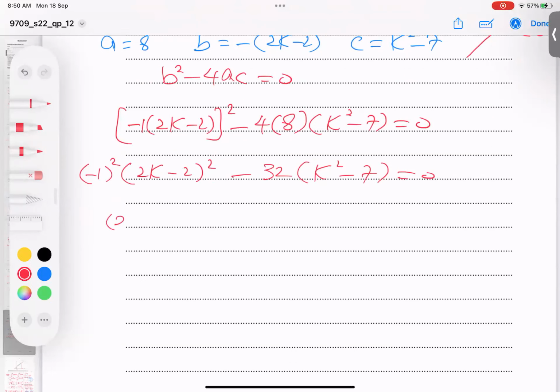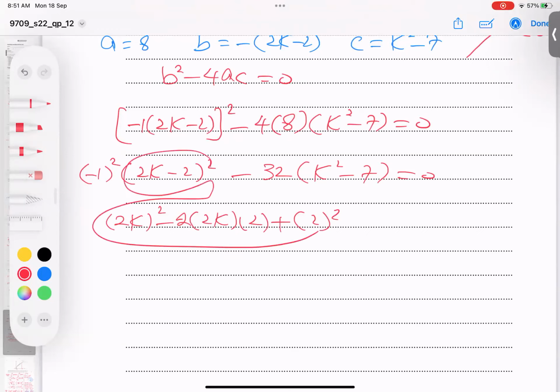And you know, first term square, minus 2 into first term into second term, plus second term square. I expanded, I believe you're understanding. This multiply inside, -32k square, and negative in negative plus, 7 times 4 is 28.